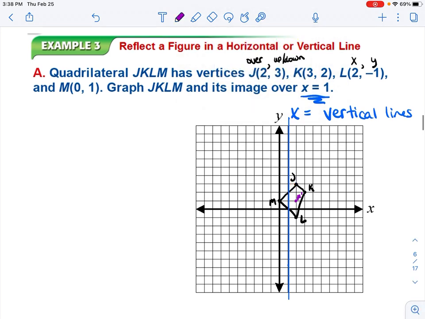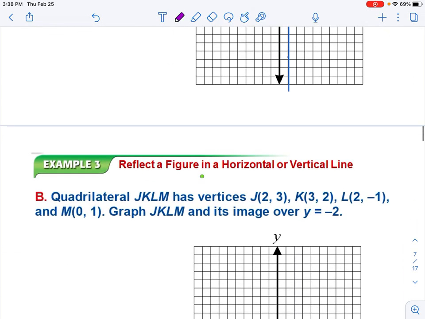So J prime is 1 square on the other side. Notice it's really easy when these are horizontal and vertical lines because I know that these are perpendicular to each other already, so I can simply count. There's K prime and L prime. I go ahead and draw in my image, and I am good to go on that one. Hopefully that's pretty simple for you. You just do a bunch of counting.